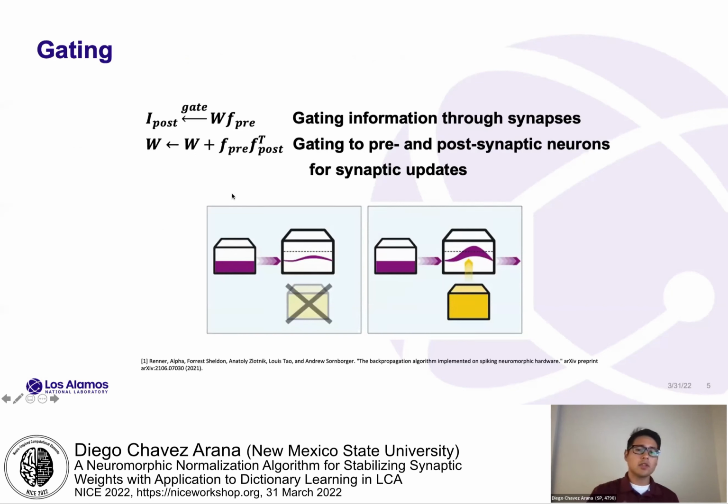To do this on the neural network, we use a process of gating, which comes from a backpropagation algorithm that we also developed previously. Here, the information flows through the network normally. However, this information is being controlled by SimFire gated neurons, which are represented with the yellow box.